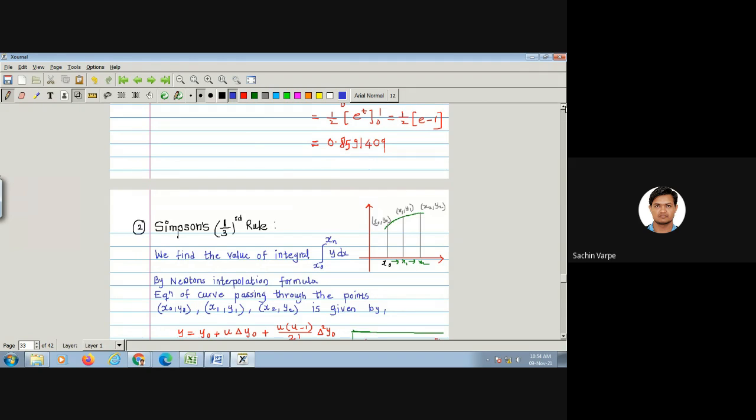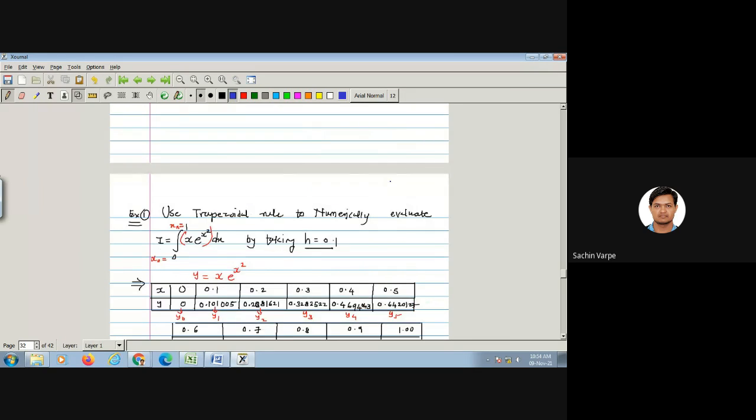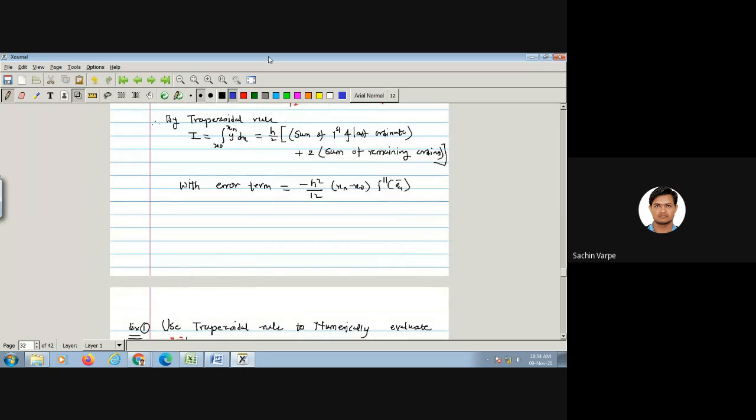Just a minute, let me explain here. Suppose this is our curve, right? So what we are doing in the trapezoidal rule, suppose I want to integrate from this point to this point. We are converting this region into small trapezoids.